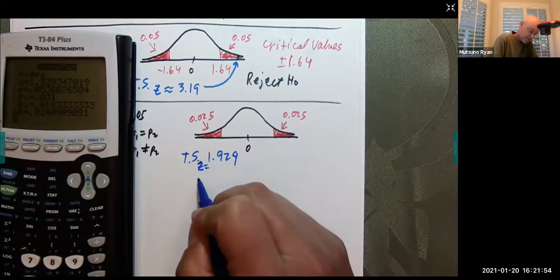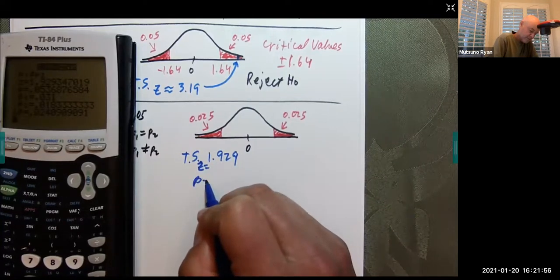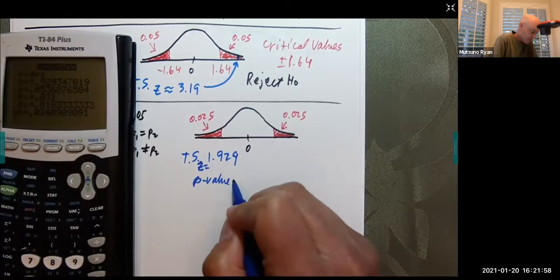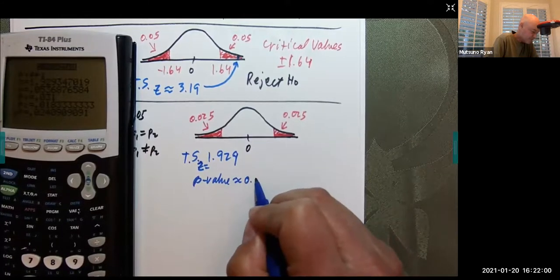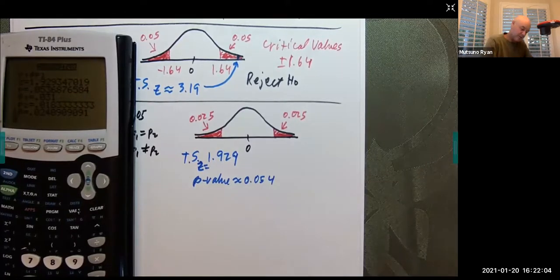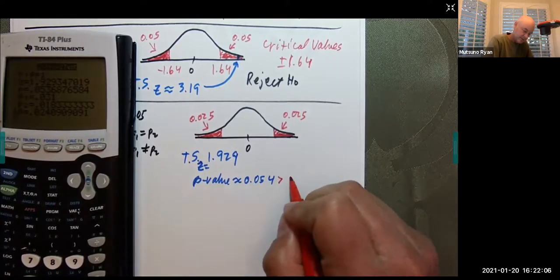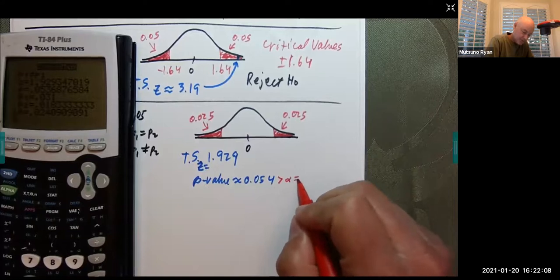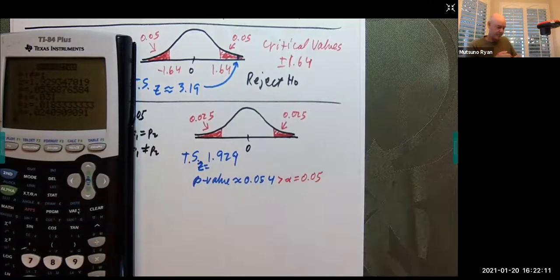And my p-value is about 0.054, which is barely bigger than our alpha, which is 0.05. And I didn't find the critical values. Let's do that.